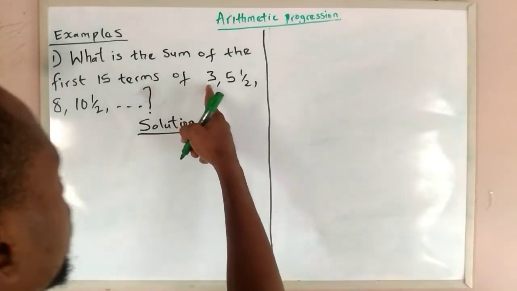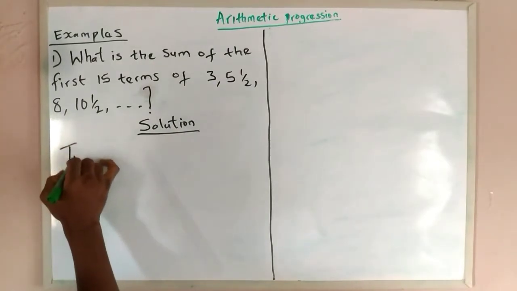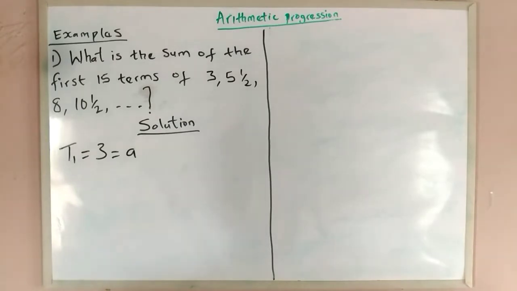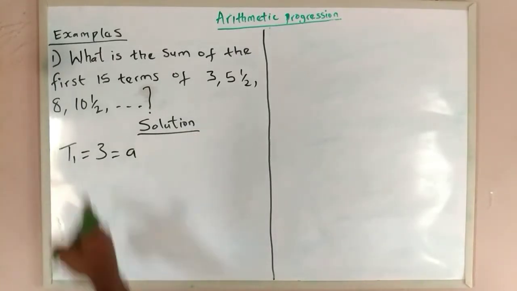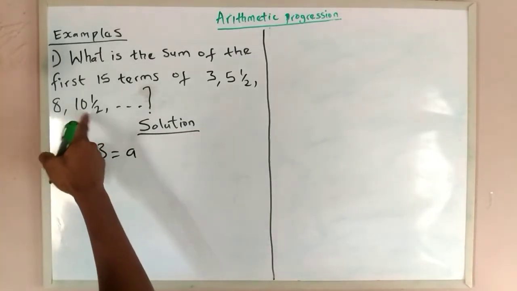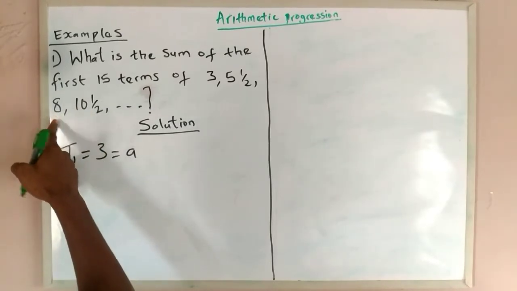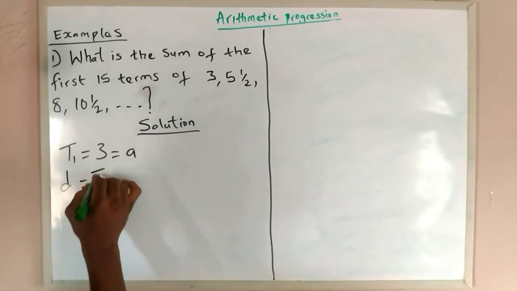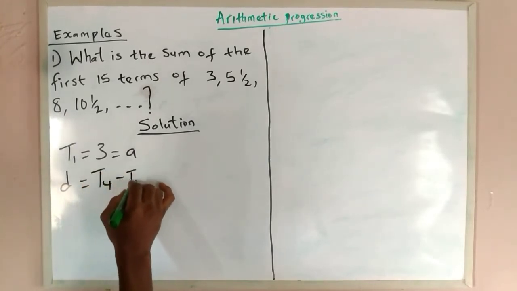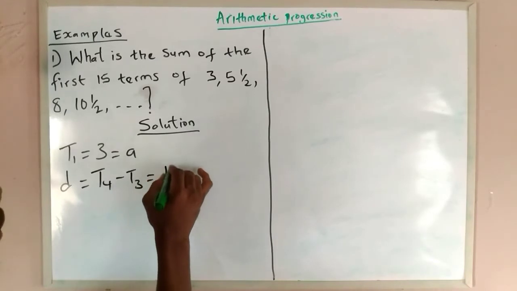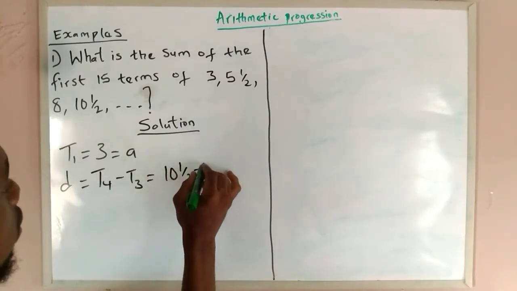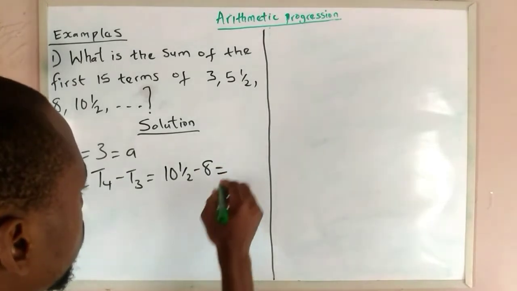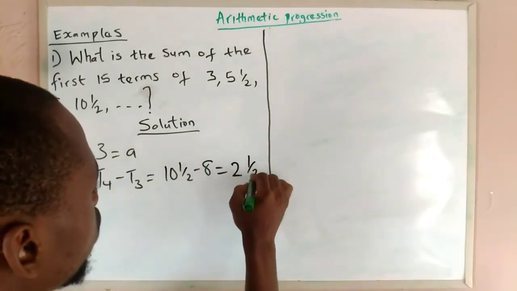Our first term here is 3, so our T1 will be equal to 3, and that's still the same as our a. To get the common difference, I'm going to use the fourth term minus the third term. So we are having our d to be equal to T4 minus T3, and that will be 10 1/2 minus 8, and that will be 2 1/2.